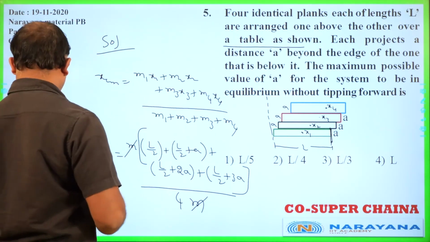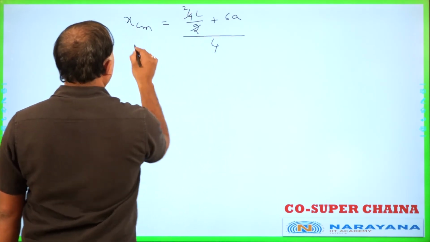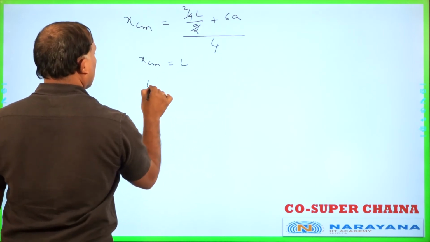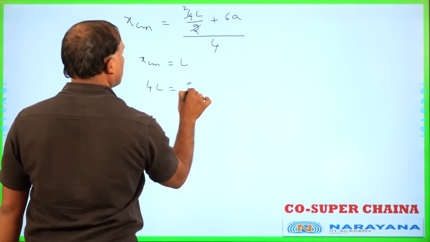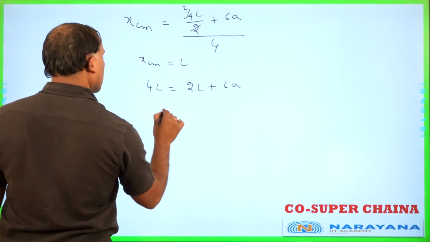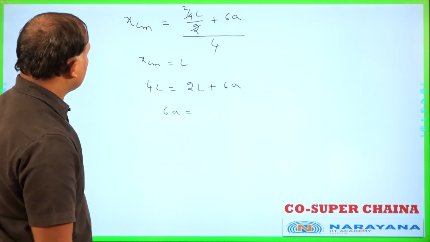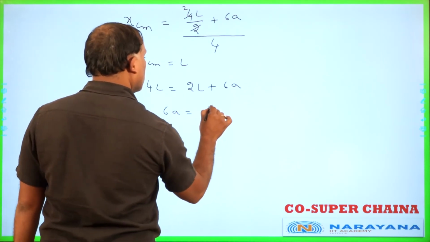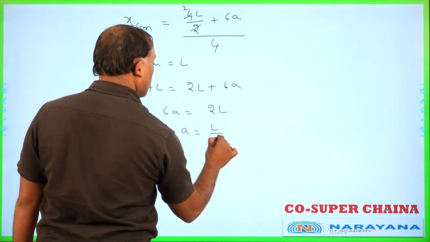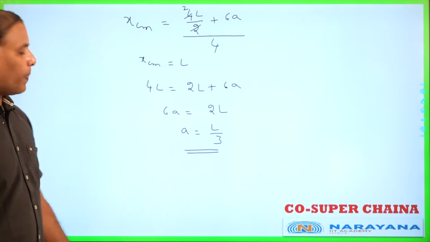So xcm is equal to L. Now 4L is equal to 2L plus 6A. So 6A is equal to 2L. Then A is equal to L by 3. That is the projection of each one for you.